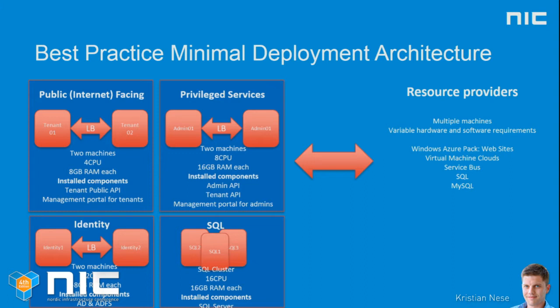We then have the admin portal, the admin API, and also the tenant API located behind the firewall on 2 virtual machines as well. So here you can see we are using load balancing on both. In addition, we are using Active Directory Federation Services for the identity part of the solution.